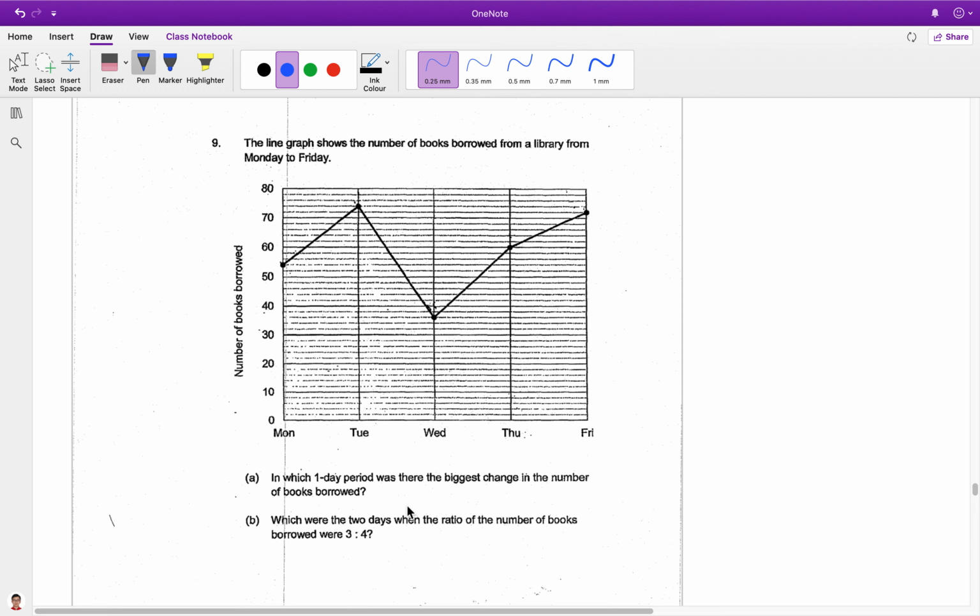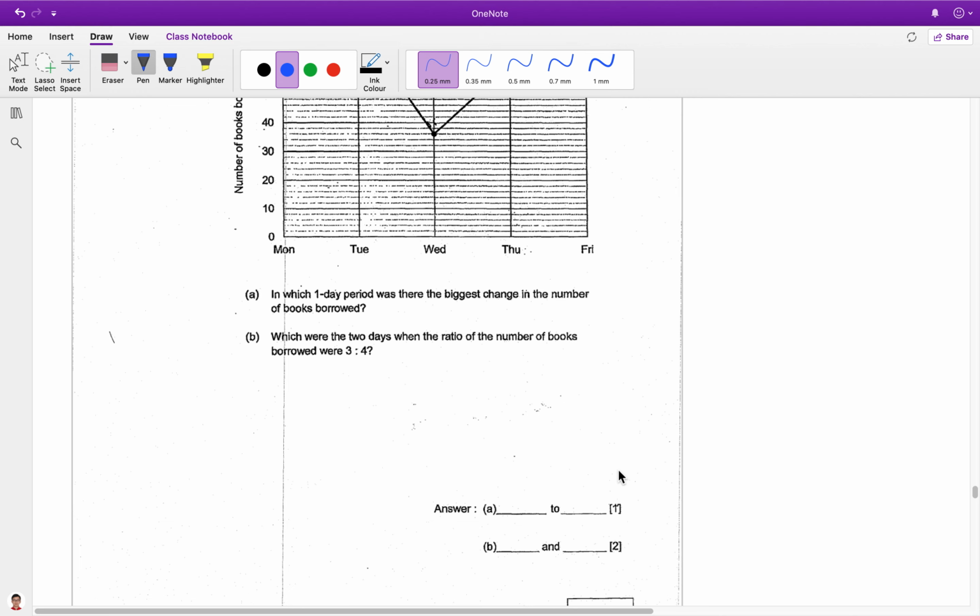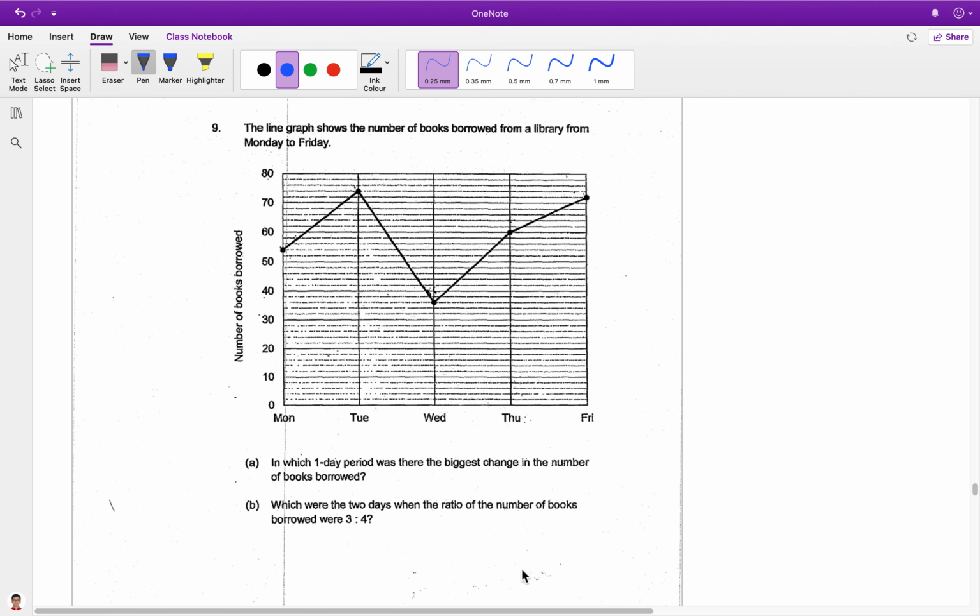Question 9. The line graph shows the number of books borrowed in a library from Monday to Friday, right? In which one-day period is there the biggest change in number of books borrowed? Well, this one we just find the values here. 54, 74, right? This one is 36. This one 60, right?